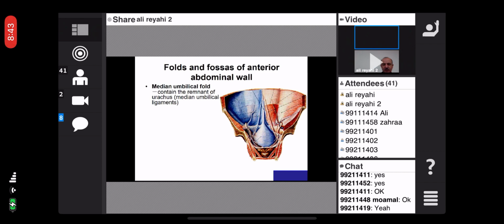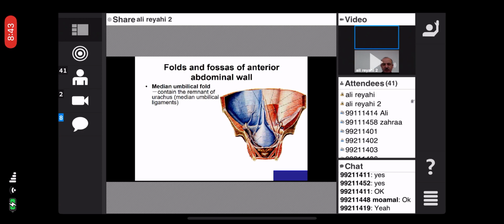One of these is median, 2 medial, and, attention please, 2 lateral: the median fold, medial folds, and lateral folds. What is the median fold?